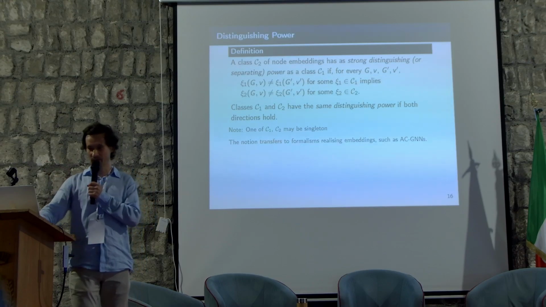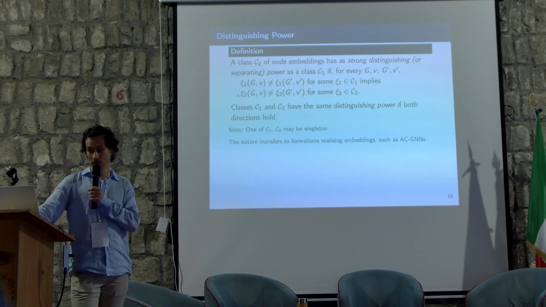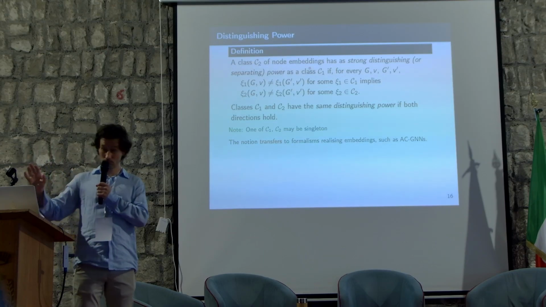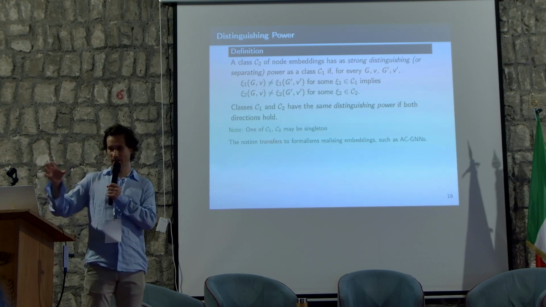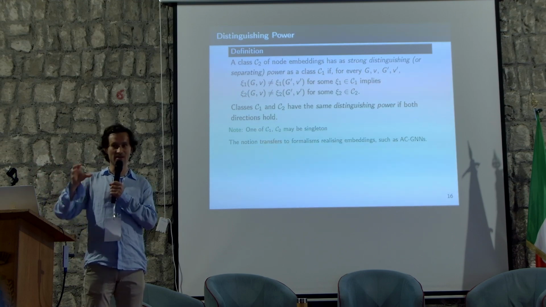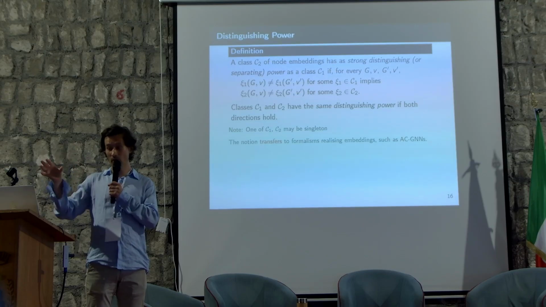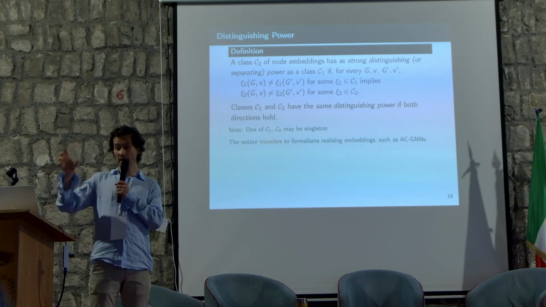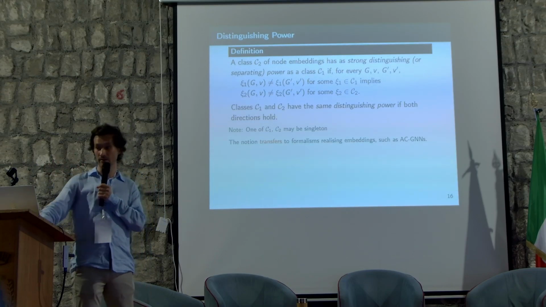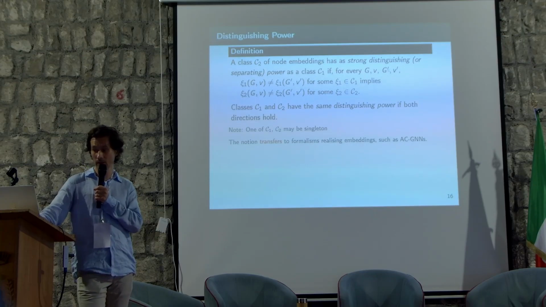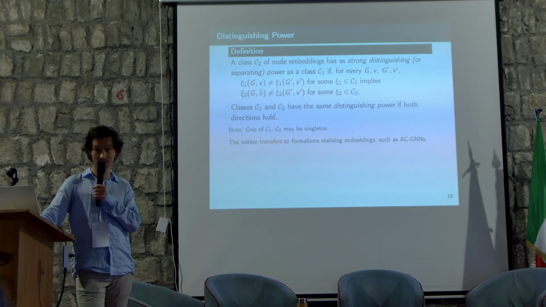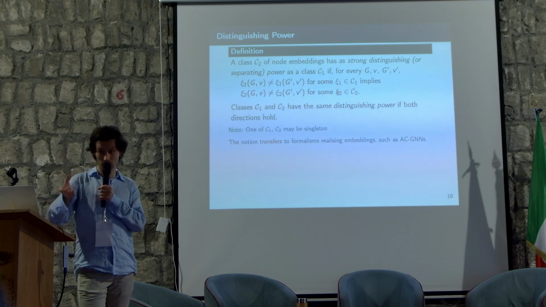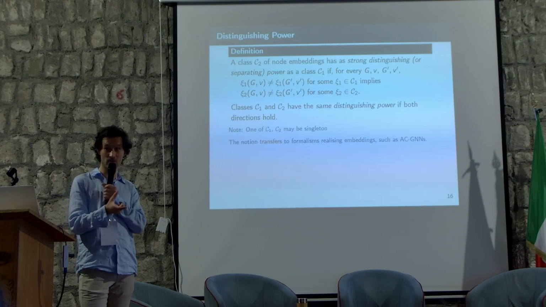Okay, so let me repeat, maybe reading this definition again. A class of node embeddings, or equivalently, maybe some formalism, maybe some class of GNNs, has as strong expressive distinguishing power as another class if for every two nodes V and V prime in two graphs G and G prime, if there exists some Xi member of C1 which can give different answers, then in the second formalism we also have some GNN which gives different answers for these two nodes in these two graphs.